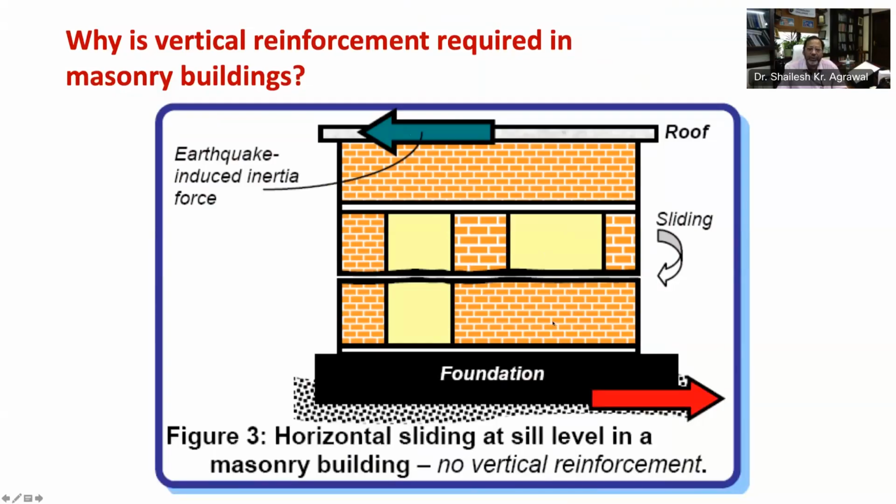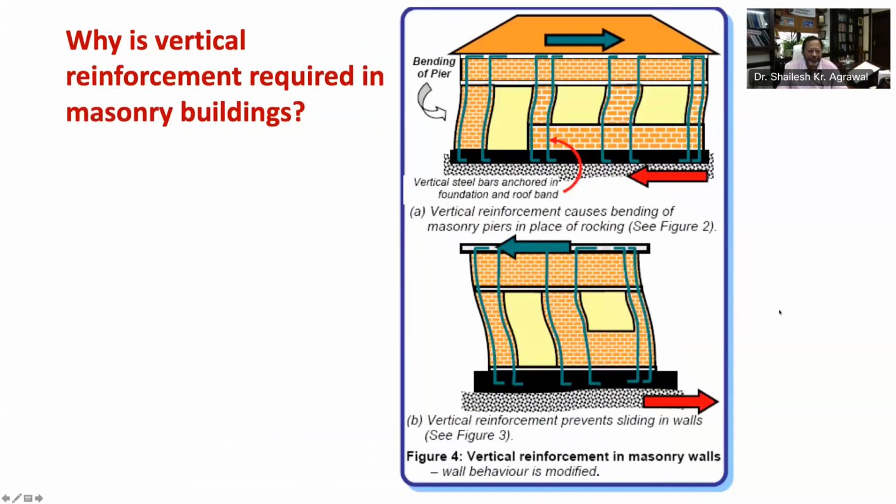Sometimes the building may also slide at the plinth level. The exact location of sliding depends on several factors such as building weight, earthquake-induced inertia forces, size and area of openings, and type of door frames, etc. The vertical reinforcement helps prevent this sliding, which will be explained to you now.